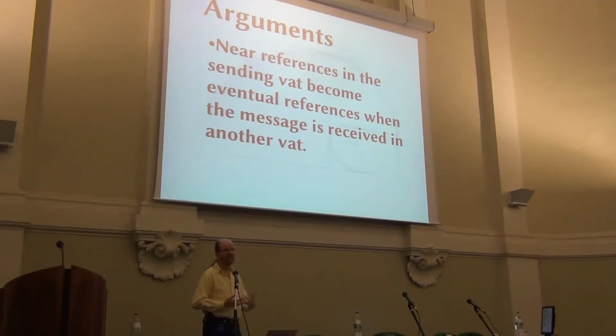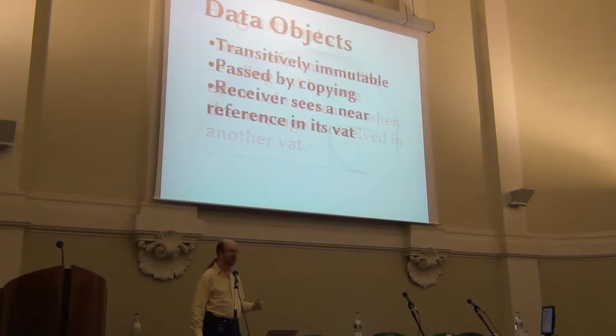And there's an exception to that rule. You don't always get things back, and that is for a thing called data objects. A data object is any object that is transitively immutable. So, for instance, a small integer is a data object. A symbol is a data object. An immutable structure, like a date that contains several integers, if the date itself was immutable and the integers were all immutable, that would be a data object.